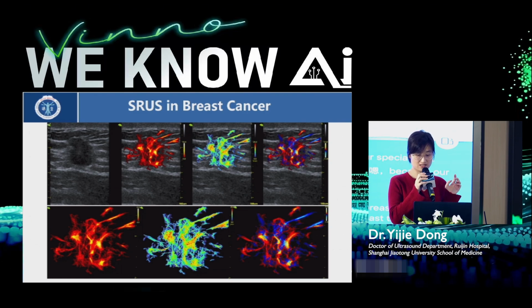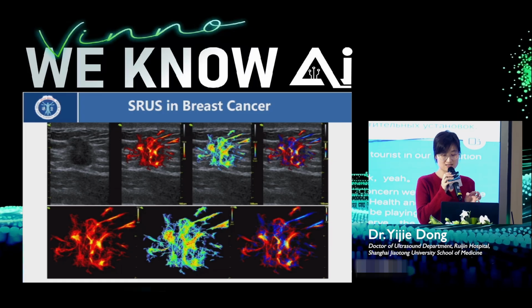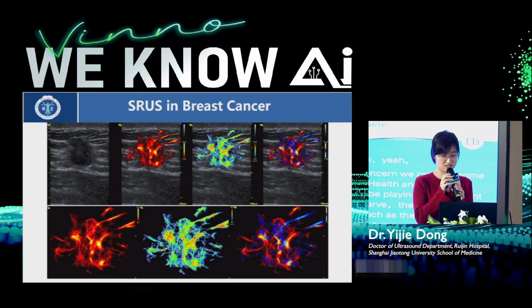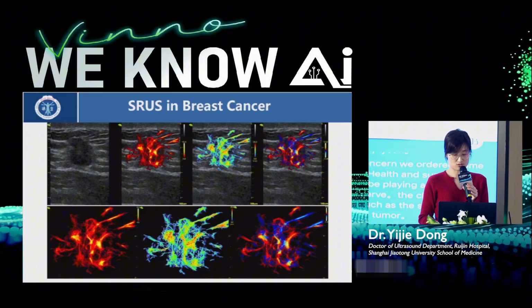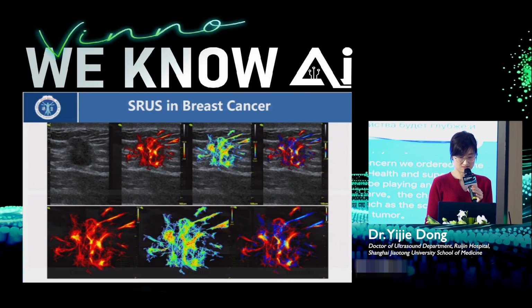It can more clearly show the characteristics of breast cancer lesions, such as the size, shape, and boundary of the tumor, and also helps us understand the blood vessel distribution within the tumor, providing a more precise basis for the subsequent formulation of diagnosis and treatment plans. With SRUS, our understanding of breast cancer will be deeper and treatments will be more targeted.